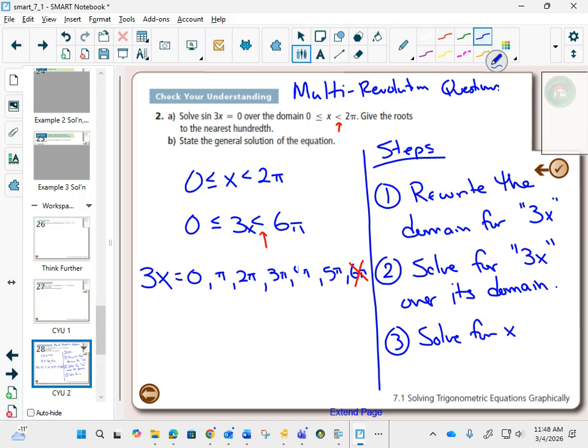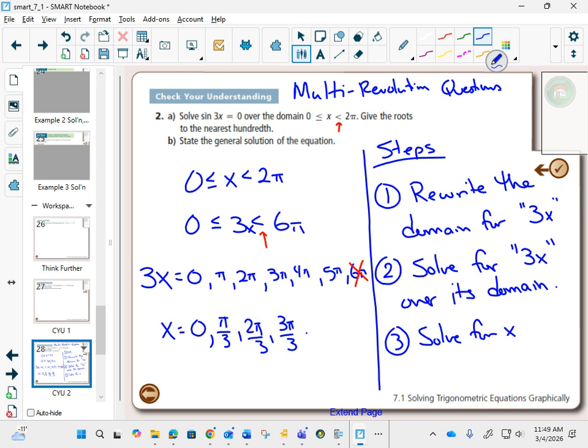Now we can solve for x. If 3x was equal to each of those, does it make sense that you could find 1x by dividing each of them by 3? If 3x is 0, then x is 0. If 3x was pi, then x would be pi divided by 3. 2 pi divided by 3. 3 pi divided by 3.